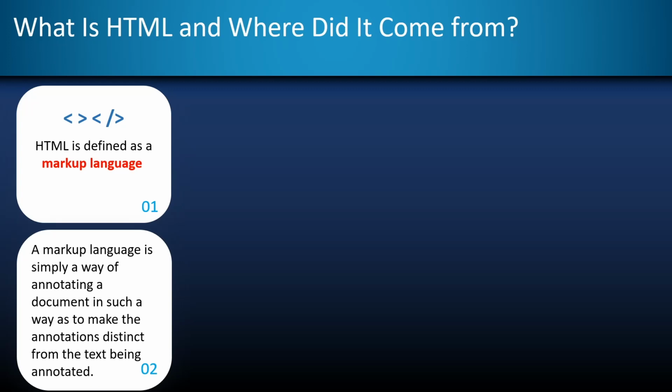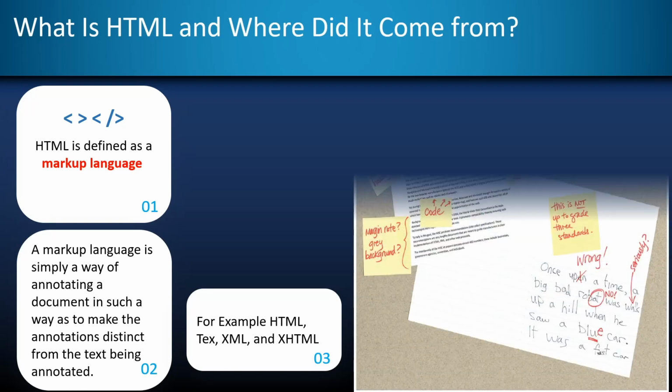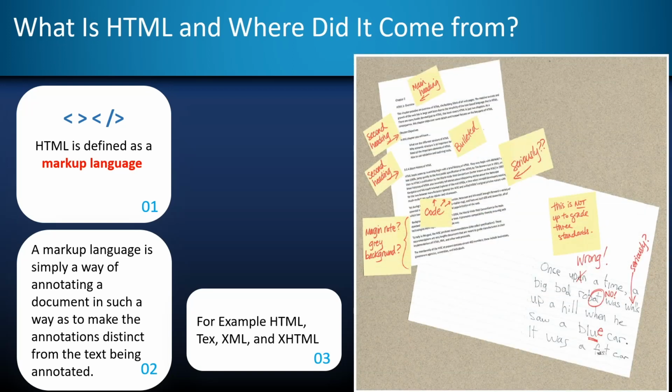What do you mean by annotation and markup? Suppose you are submitting a project report. At that time, we point out that this should be the chapter name, this should be the chapter number, this should be bold and with a bigger size, and the paragraph should be of size 12. Then this should be a listing, in bullets or in numbers.